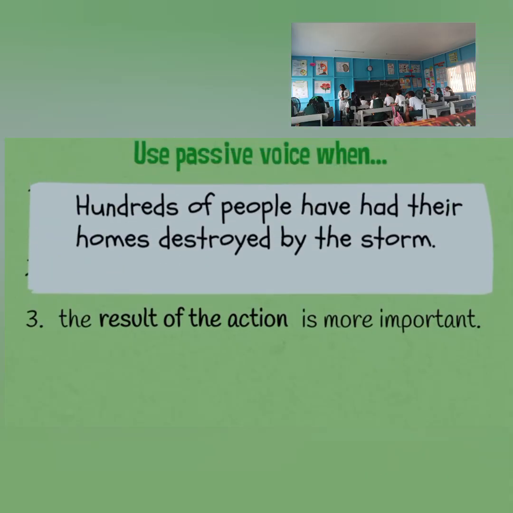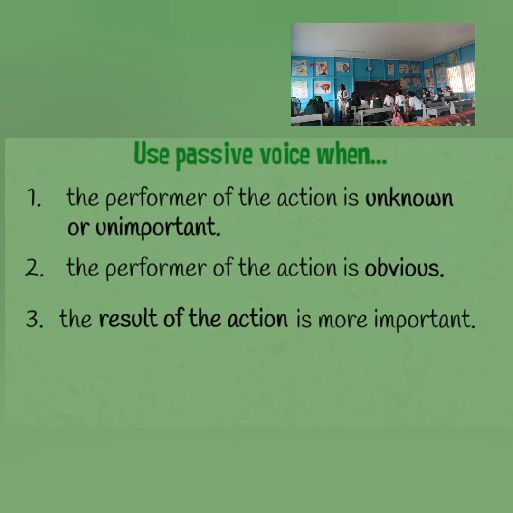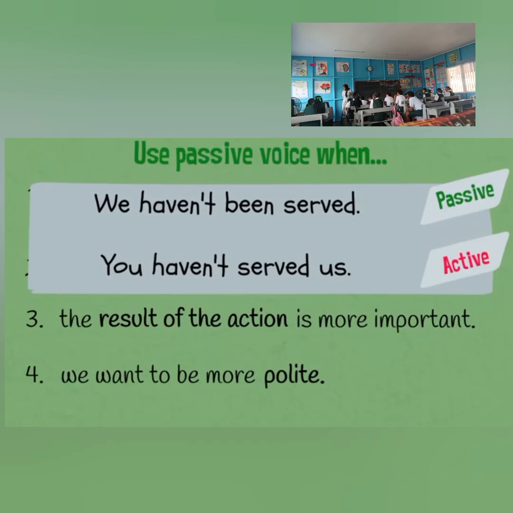An example. Hundreds of people have had their homes destroyed by the storm. Passive voice focuses on the result of the action. Passive voice can be used when we want to be more polite. As an example, "We haven't been served" is more polite than "You haven't served us."